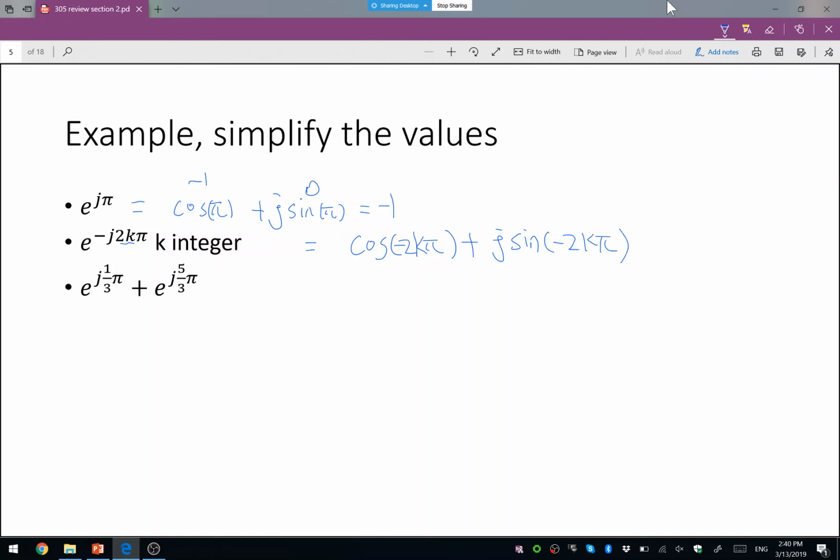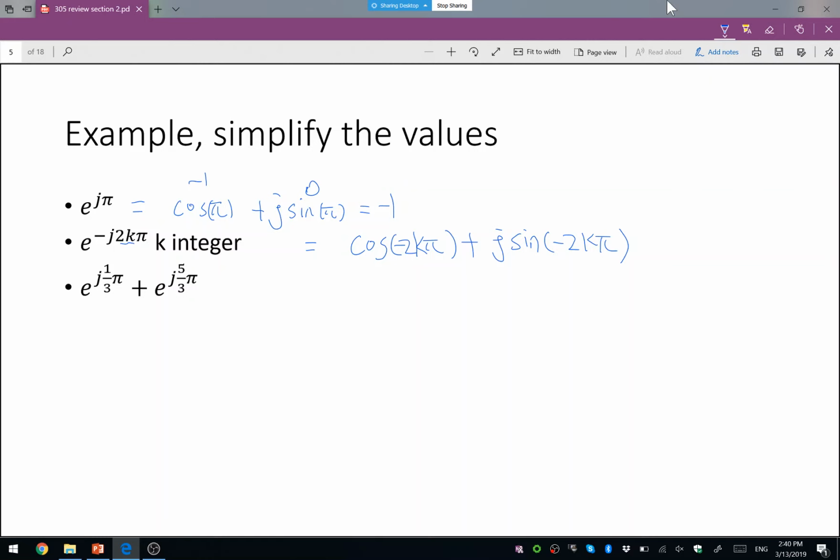So what is this? Cosine will be positive and sine will be zero. Well, let's say k is an integer. So what do you see here? 1 plus 0 is 1. So cosine of minus 2k pi is 1.